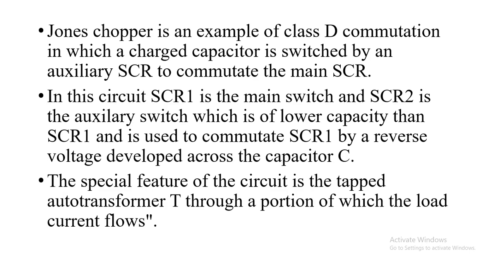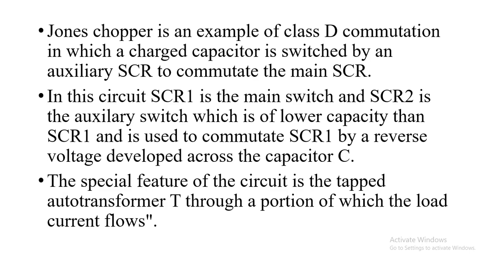So the Jones chopper is an example of class D commutation, in which a charged capacitor, initially charged with the upper plate positive and the lower plate negative, is switched by an auxiliary SCR to commute the main SCR. The main SCR ratings are somewhat higher than the auxiliary SCR T2.